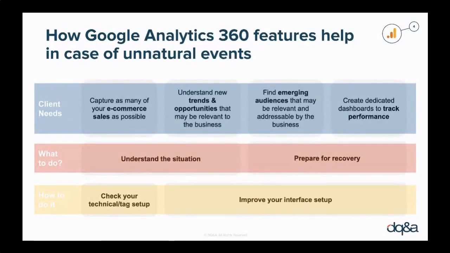So we are highly suggesting at the moment to check technical and tag setup so that you can understand how the situation is going on your end, especially if you are in a retail business, and understand trends, opportunities, and perhaps identify what could be emerging audiences in these times, as well as improve interface setup.